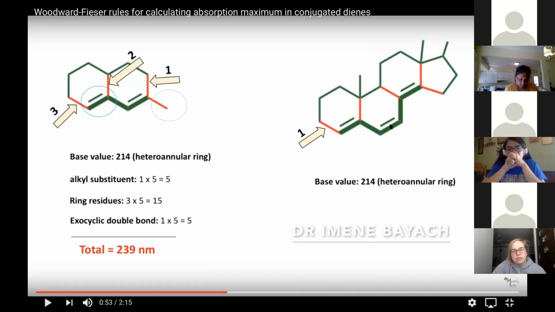And again, this one doesn't count for this ring or for this ring because it's not directly attached. But this one counts for double because you also have this five-membered ring here, which has this double bond coming off of it. So it's exocyclic to this one here in the middle, and it's also exocyclic to this one.